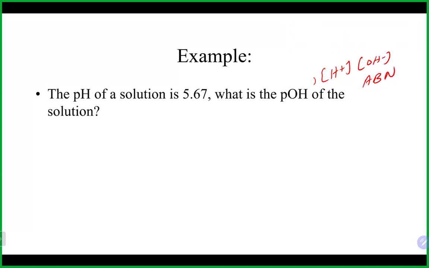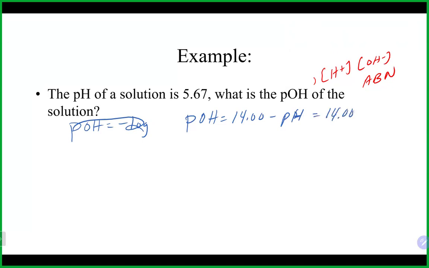We got pH, so I'm going to go pOH first here, which was the original question. We'll do our pOH is equal to 14 in this case, minus our pH. And that's going to get us 14 minus 5.67. And that will say 8.33 as our pOH.